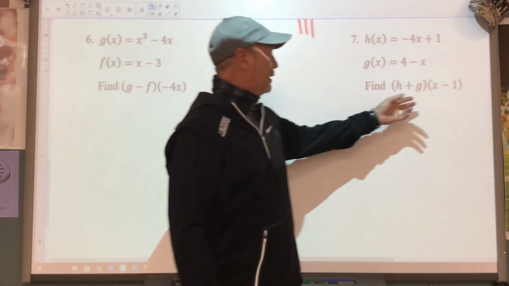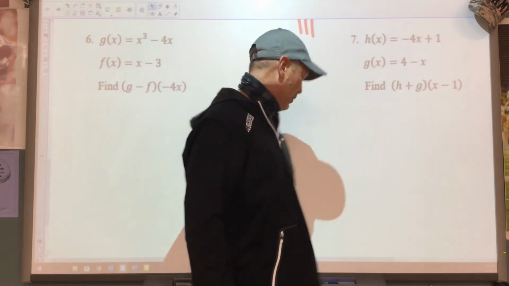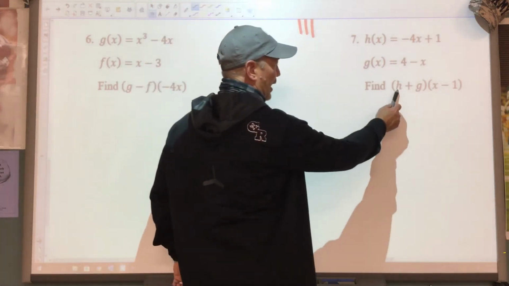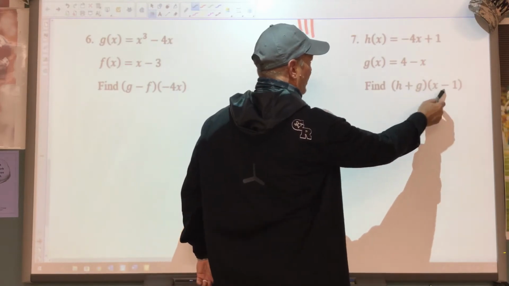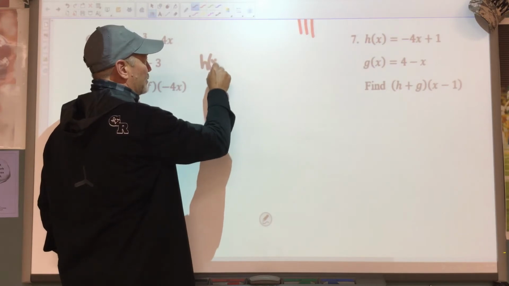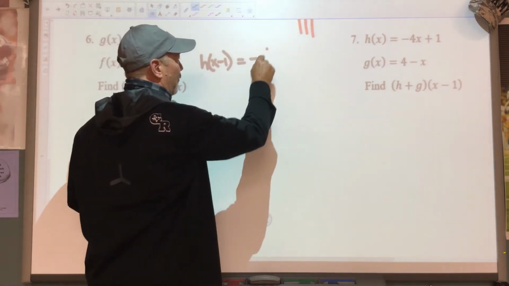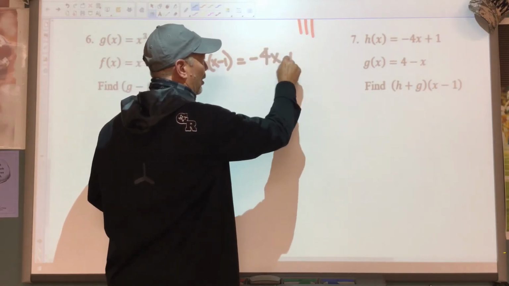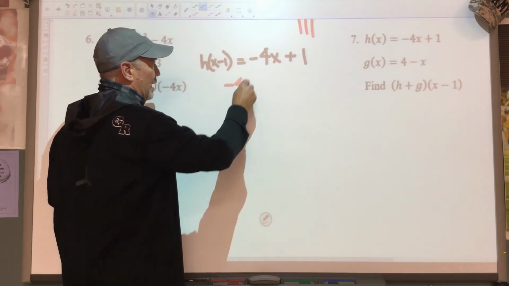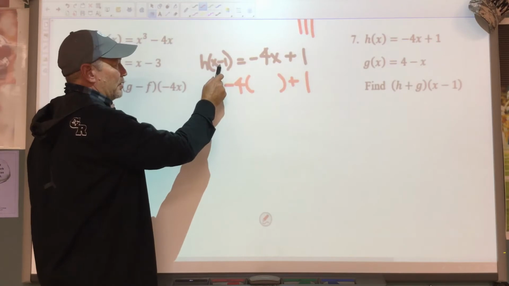Same thing, except now instead of adding at a number, we're going to have a variable expression. Going to take your h answer, add it to your g answer. We're going to say h of x minus 1, that's what we're substituting in, equals negative 4x plus 1. Negative 4 times x minus 1, we said that we were going to put this expression right here.